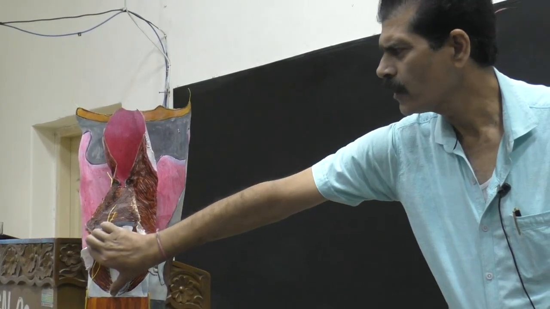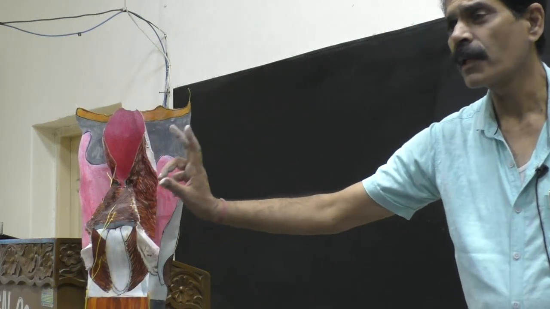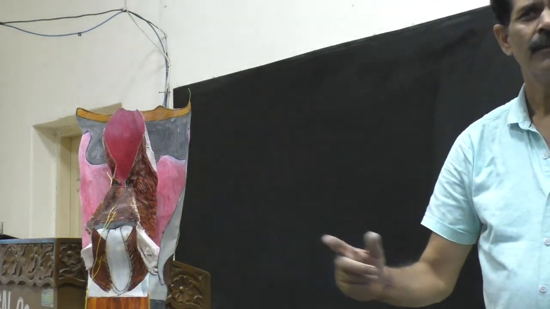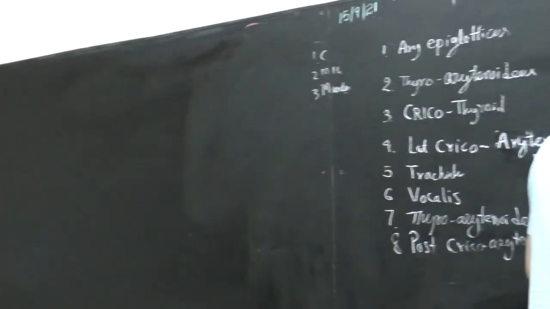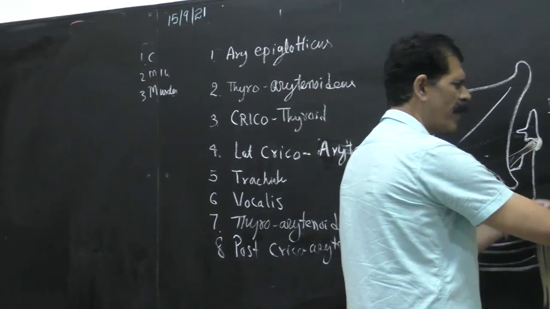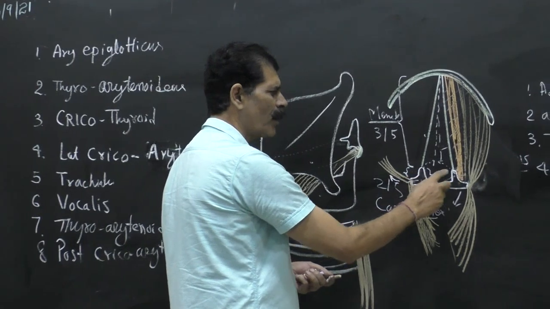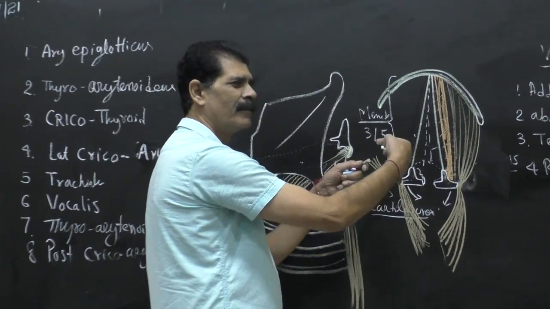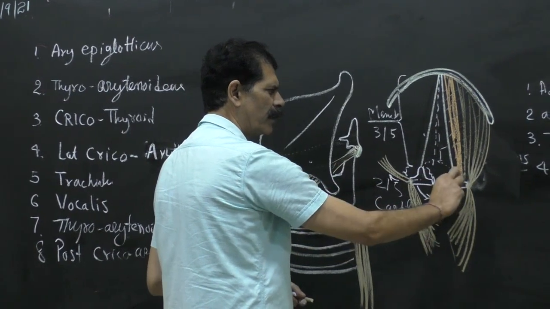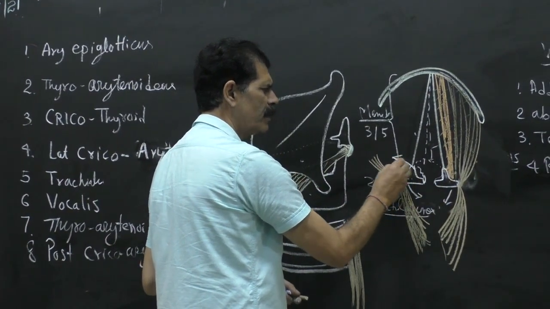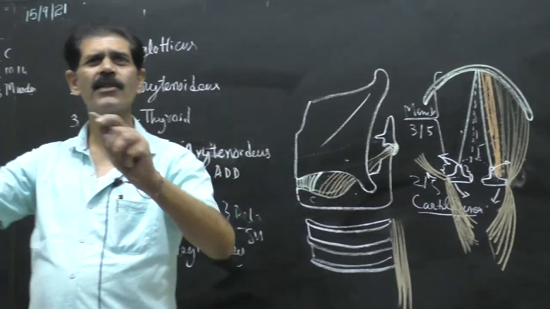So due to the contraction of this muscle, the muscular process rotates medially. So both the ends posteriorly move medially. When the muscular process moves medially, the vocal process will move laterally. Is it clear? So this is the rotational movement.